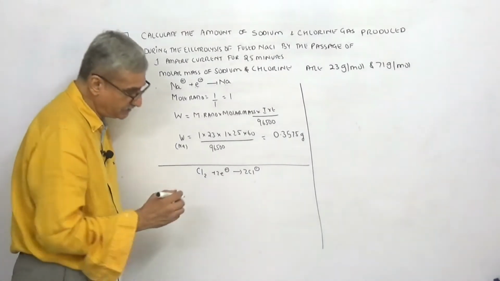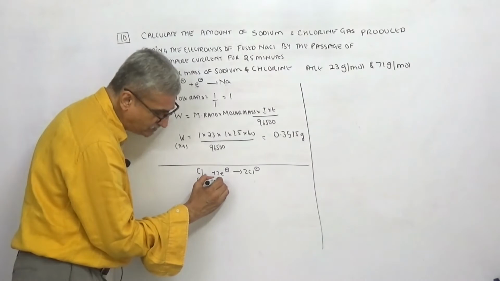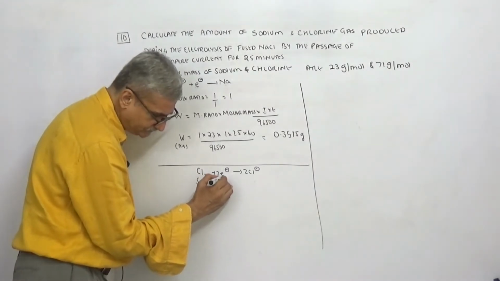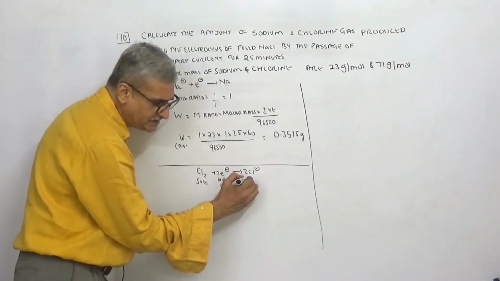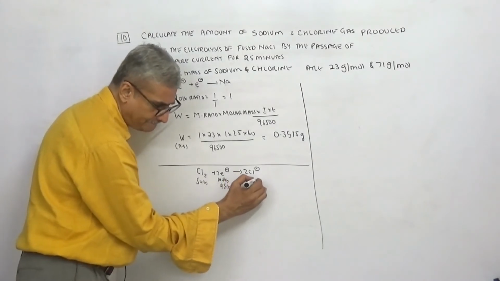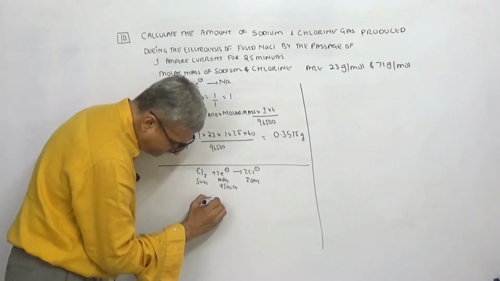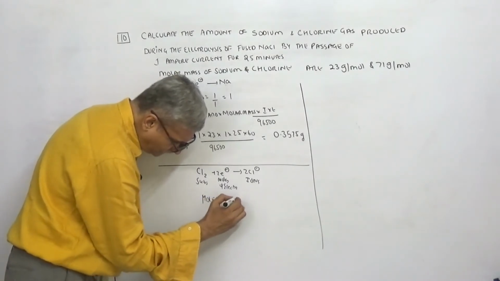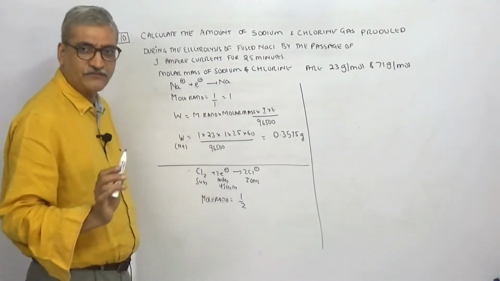Reduction reaction. So here this is substance, this is moles of electron, and this is ions. So your mole ratio will be 1/2. Mole of substance upon mole of electron.